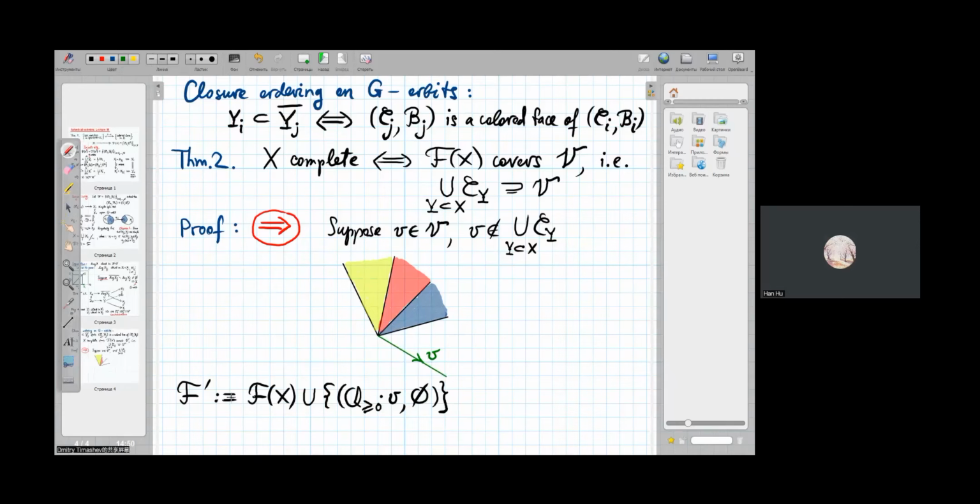Then it is clear that this set is still a colored fan. So it is still closed under taking faces, because the only face of the cone which I add is this zero cone.